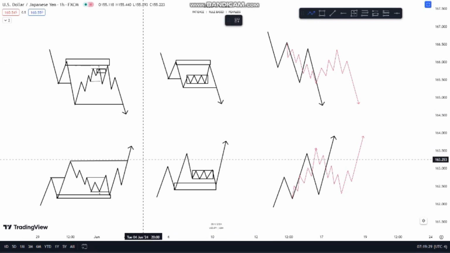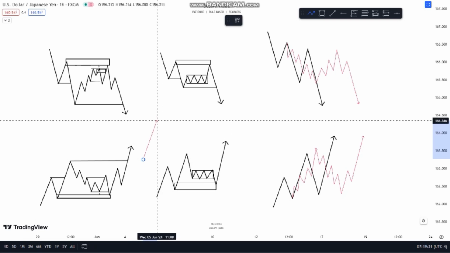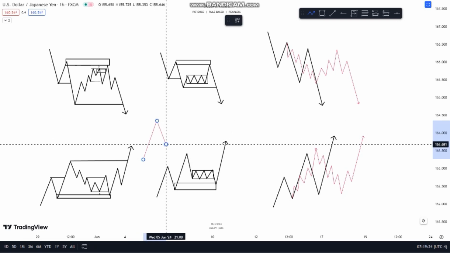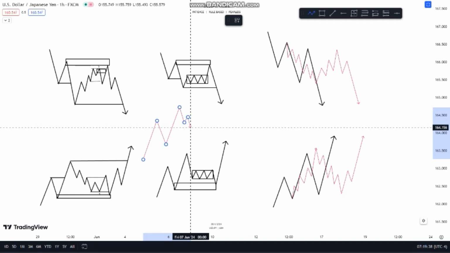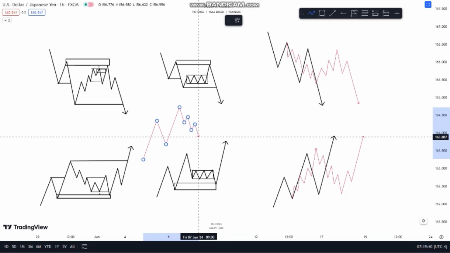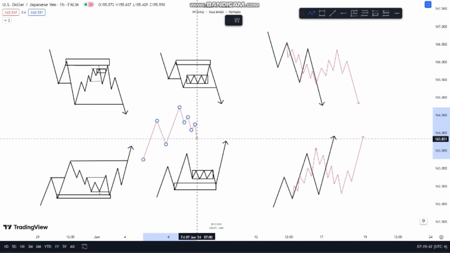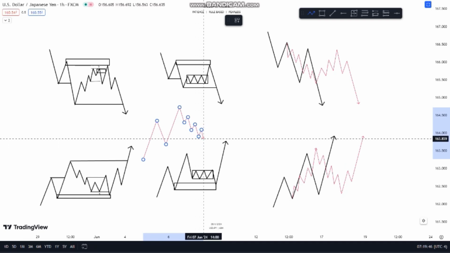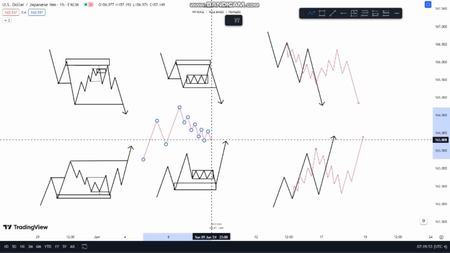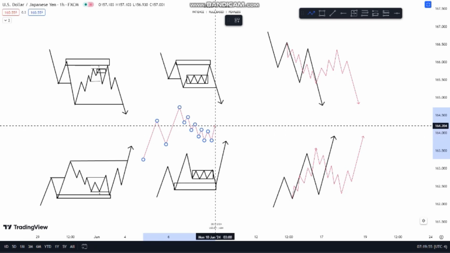For example, here, let's say we have something like this. Price now started to make a retracement, then reached close to the demand zone, created a double bottom, changed character.